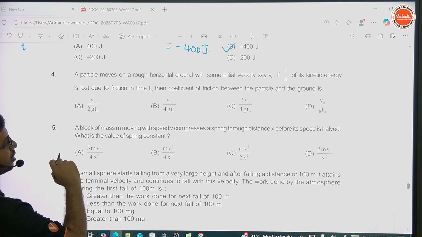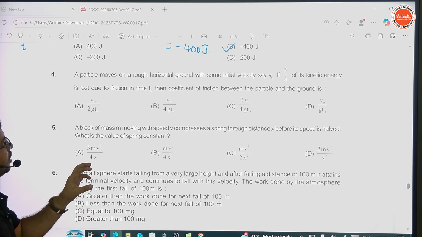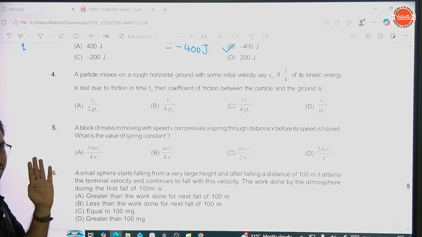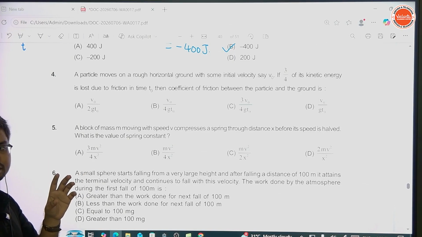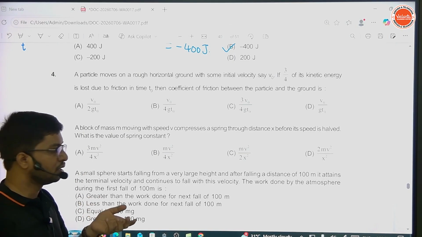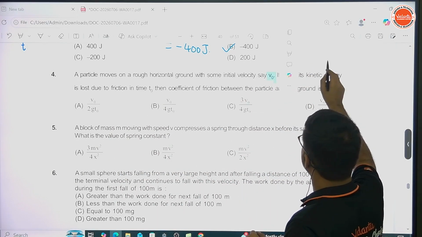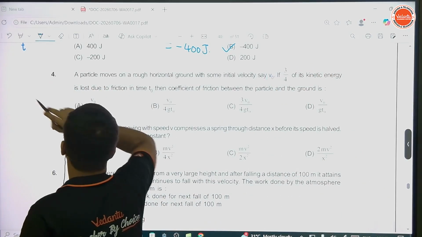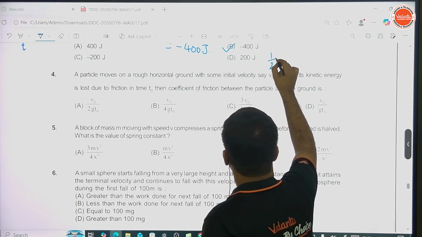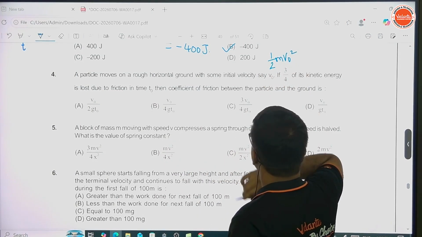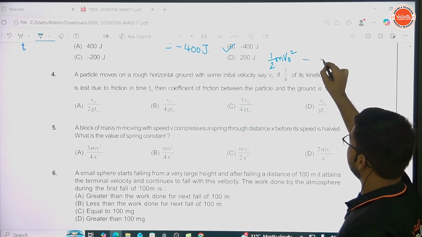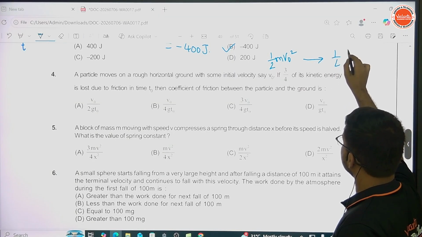They said that if 3/4 of the kinetic energy is lost, then what is the kinetic energy remaining? 1/4, right? Initially the velocity is v naught, which means half m v naught square energy is present, and it has now come to 1/4 of this value.